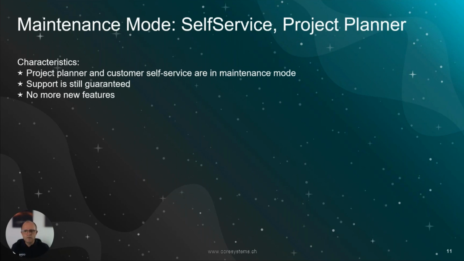What that means is that these two products are still there, they are still staying around, but they will not get new features or any updates in the future anymore, while support is still guaranteed on these features. To me, this leads to the conclusion that I would take a step away from these two tools in order not to get lost in the future if SAP will stop these two products. But for now, no worries, there is still support, just no more new features on those.